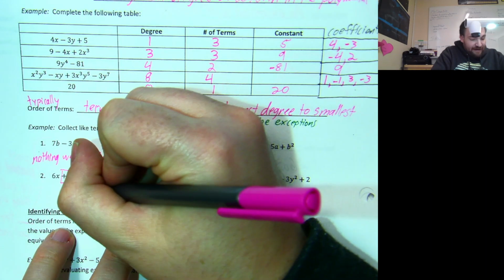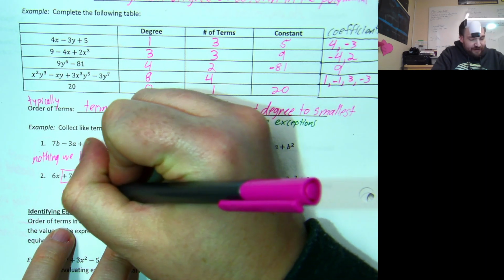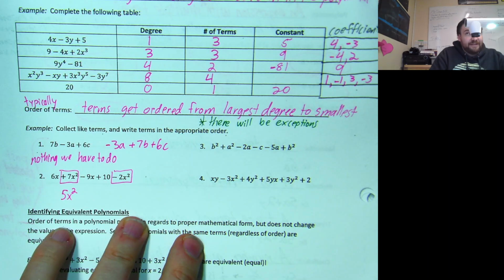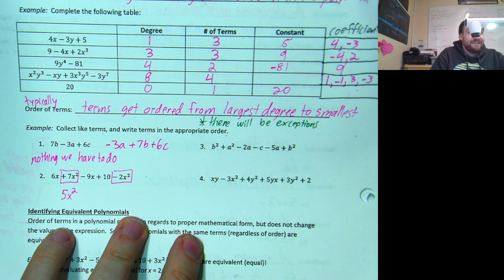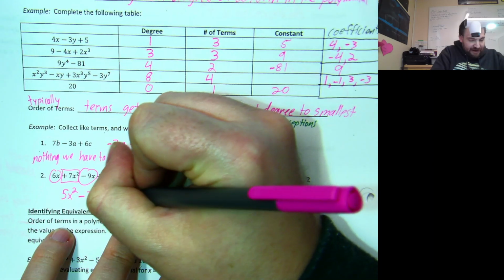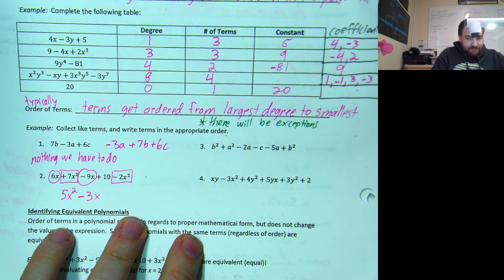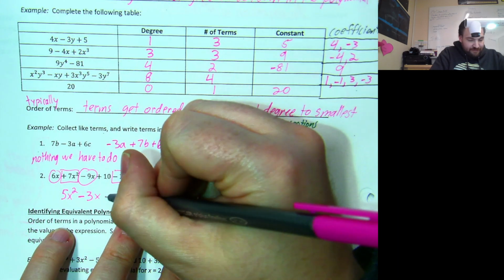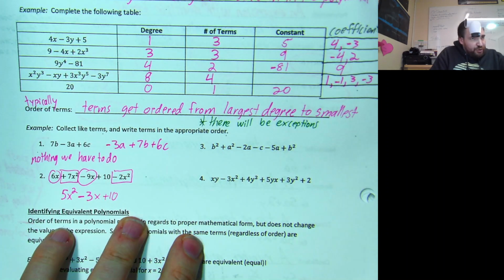So that's just going to be 5x squared, and that's the thing that's going to come out front. The next thing's going to be minus 3x plus 10. So you want to be able to group them and then put them in the right order.